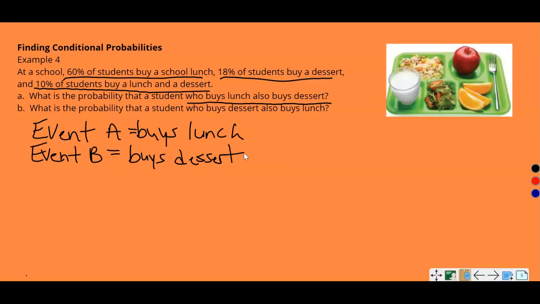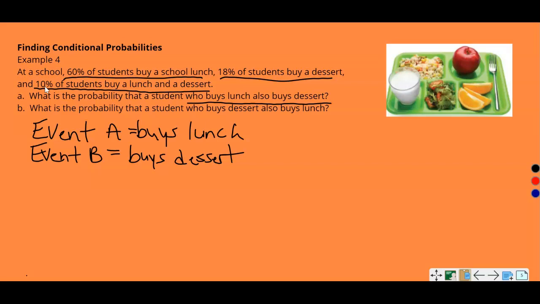All right, so we're given 60%, which is the same as 0.6 if we change it to a decimal. And we're given the probability of A and B, because this one says buys lunch and dessert, so A and B is 10% or 0.1.